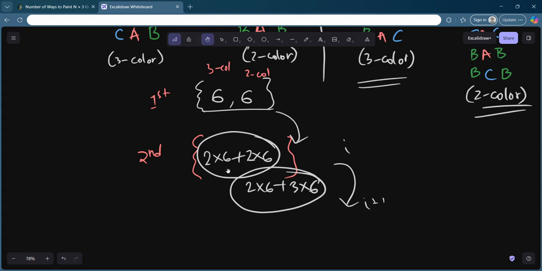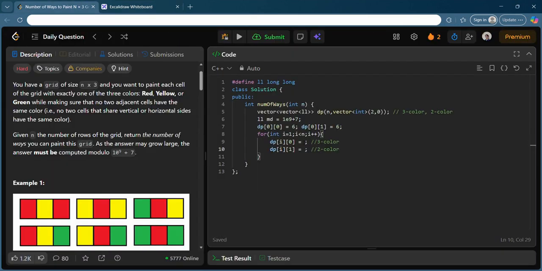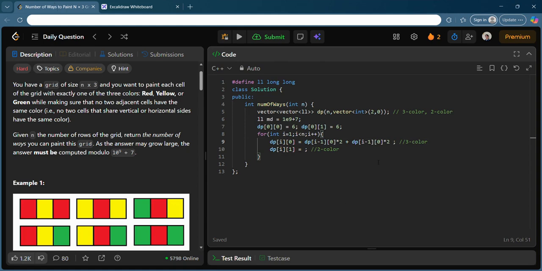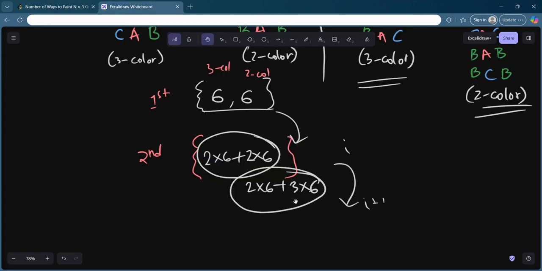So for 3 color, you see 2 into the previous one and 2 into the previous one. So dp of i minus 1 at 0 multiplied by 2 plus dp of i minus 1 at 0 multiplied by 2. I multiplied by 2 for both of them, and I'm going to do the same thing, just multiply by 3 for the next one. So this will be a multiplication by 3.